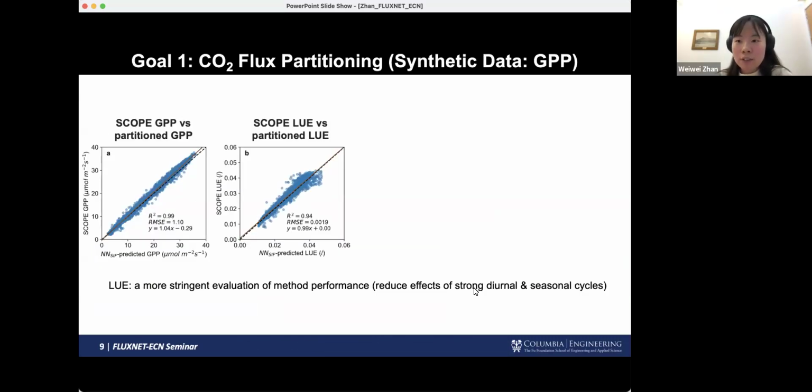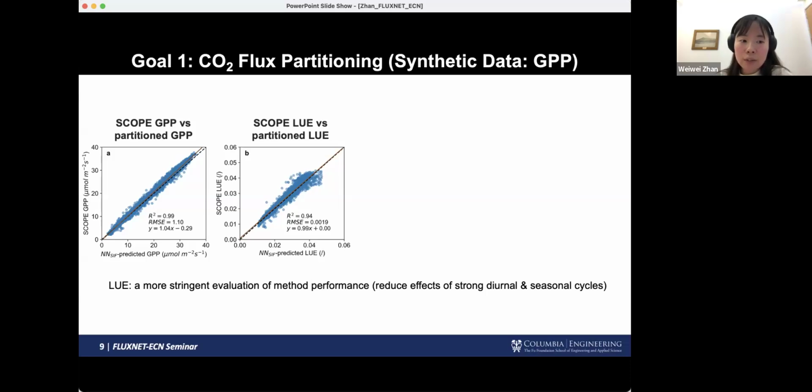So here is a result showing our model's performance when it is tested against the SCOPE simulation. The left panel shows the comparison between SCOPE GPP and the GPP partitioned by our method.